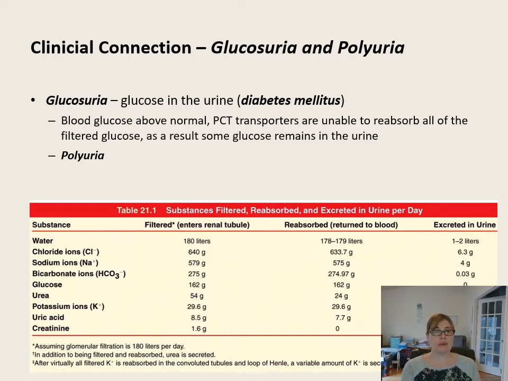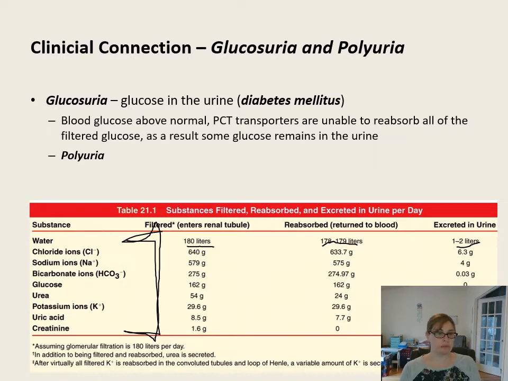Okay, and so I know that you can't see this, but these terms here are substances that you would find in urine or could find in urine, among others. And these numbers show you there are certain things we filter almost everything and return it back to the blood. And there are some things that we keep almost all of it.